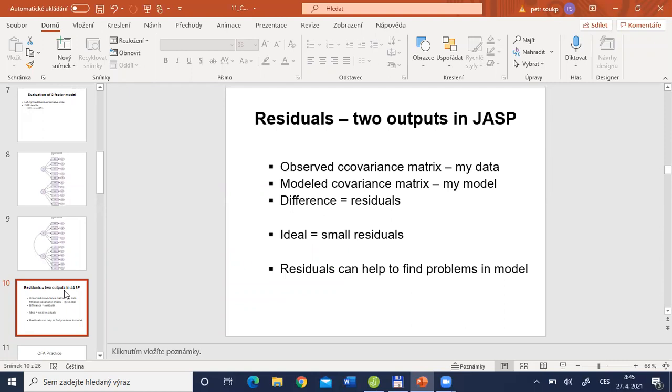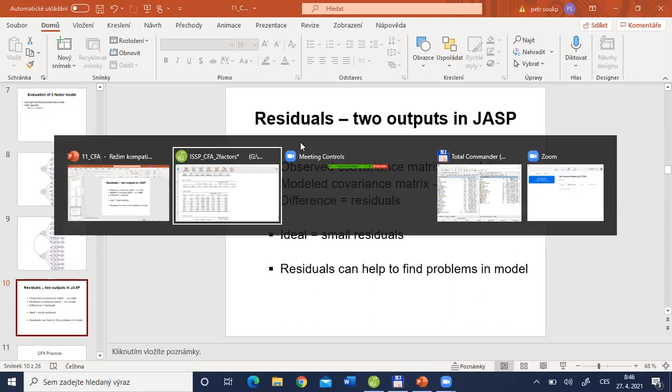Once again, I would like to recap that structural equation modeling is only a generalization of regression and factor analysis into one common model. So what is the meaning of the word residual in structural equation modeling? First of all, if I'm computing some structural equation model, I'm not using the original data matrix.